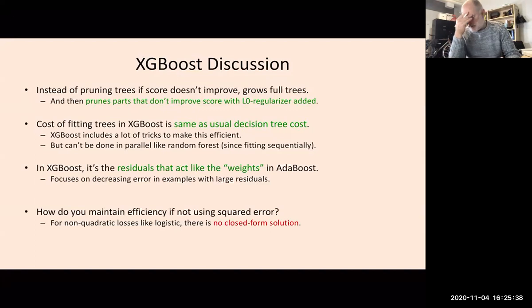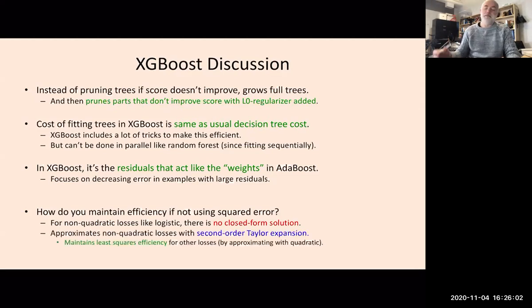And something to think about, if you decide to use a different loss than the squared error, where you can solve for the mean basically directly, if you're using some sort of non-quadratic loss like a logistic regression, then every time you decide to split or actually set a model parameter at one of the leaves, you have to solve an optimization problem. So it's a non-trivial thing to generalize beyond the squared error.